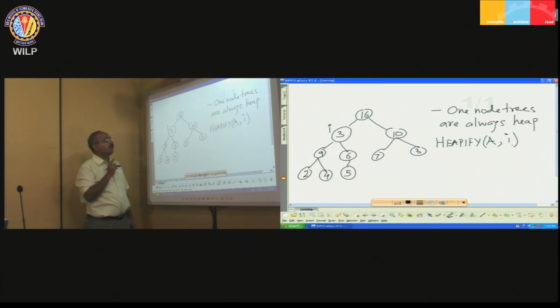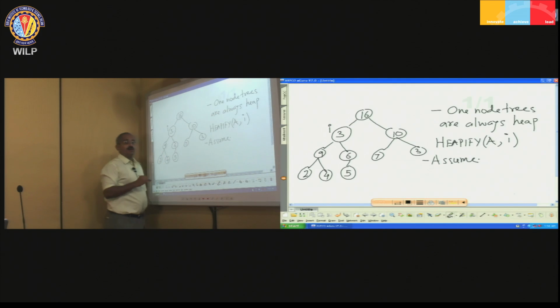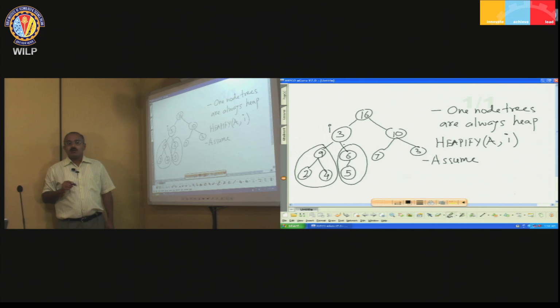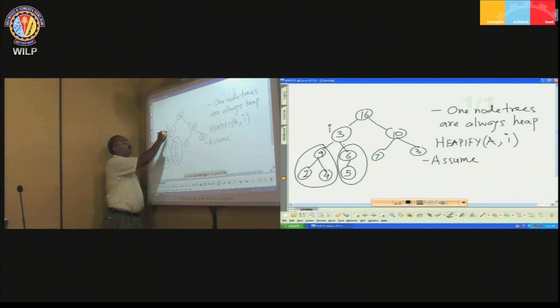So, in heapify we are passing two arguments A and I, such that at I the heap property is violated, and importantly, we are going to assume that precisely at I, if I look at the left subtree and I look at the right subtree, both are heaps, correct.